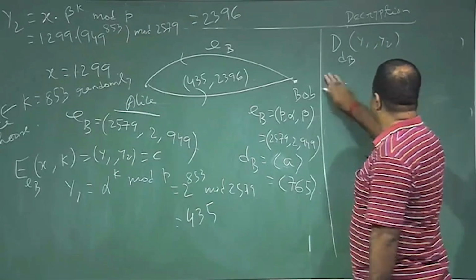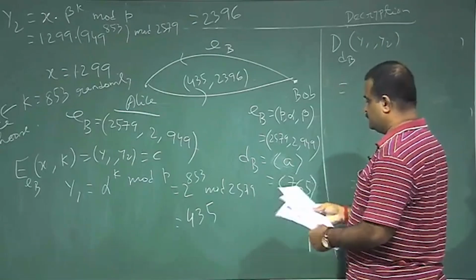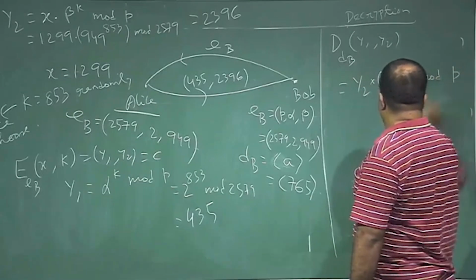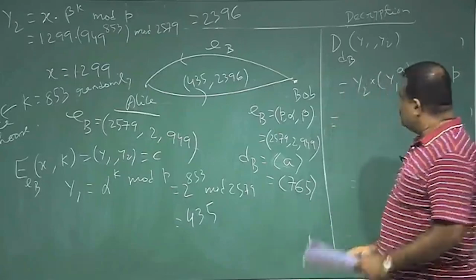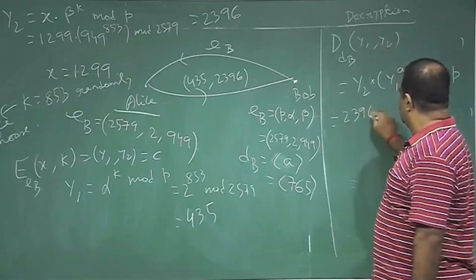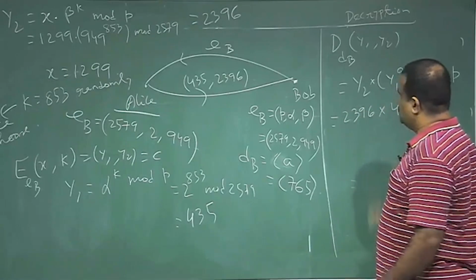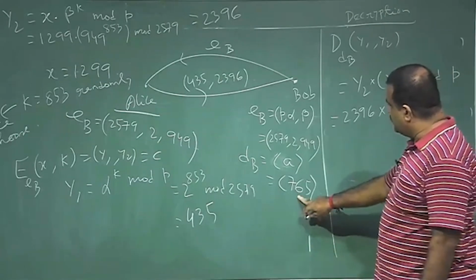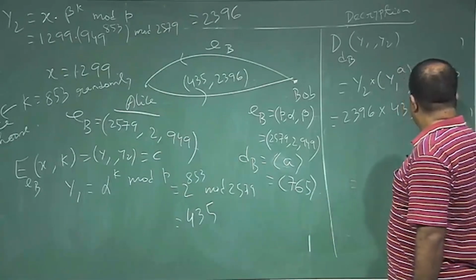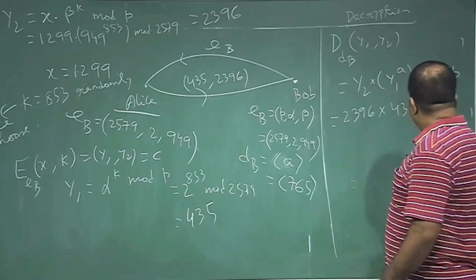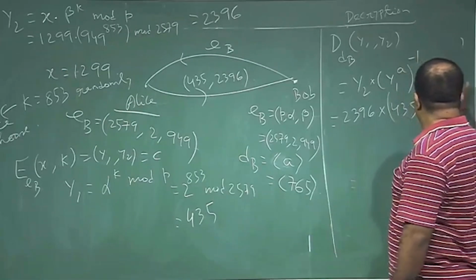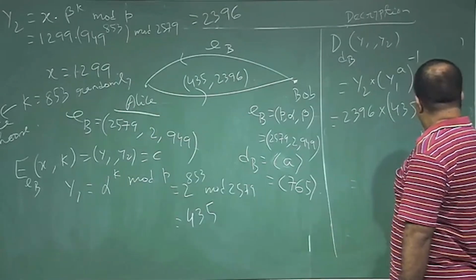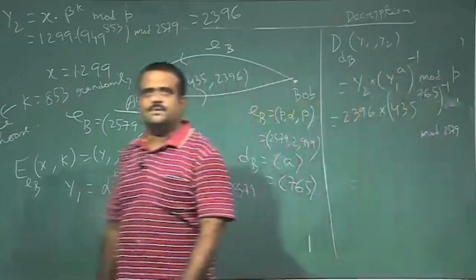So Bob will calculate Y1 to the power A. So Y2 into the inverse of Y1 to the power A mod P, and that will give us X. So Y2 is 2396 and Y1 is 435, and A is the Bob secret key, which is 765, and then this is the inverse of this, mod P. P is 2579, this whole thing mod 2579.